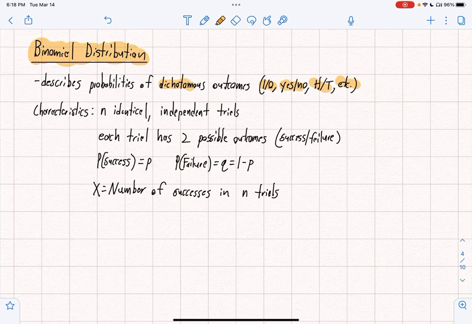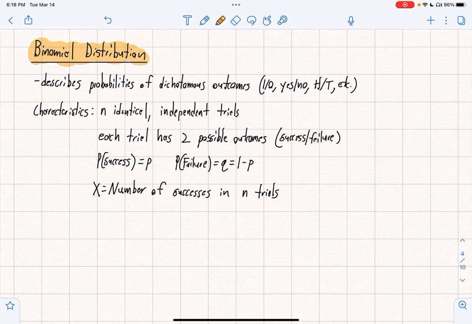And it's got a number of characteristics. So first, there are n independent identical trials. That just means that from one trial to the next, they do not affect one another. Each trial has two outcomes. That's the whole dichotomous thing. So we define it generally as just success versus failure.